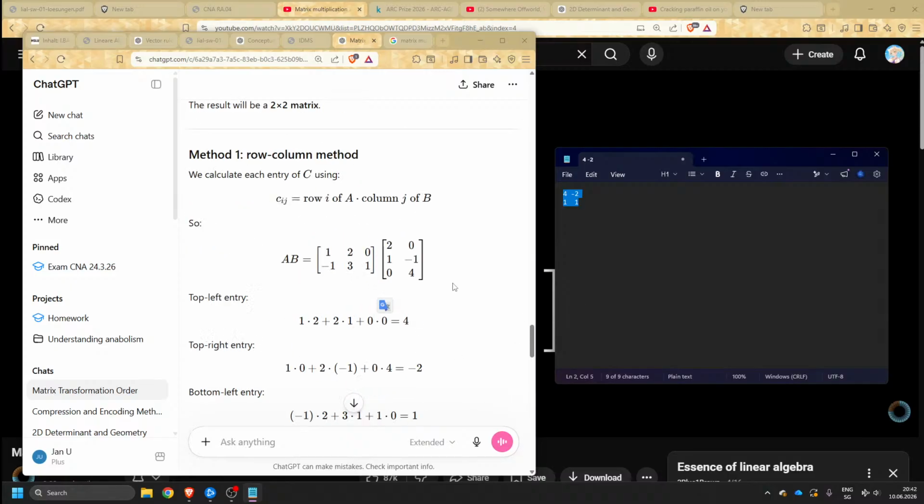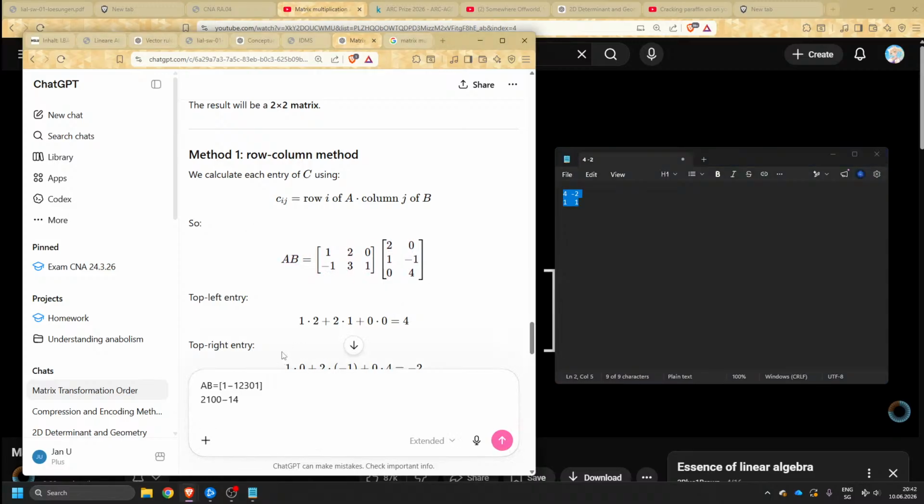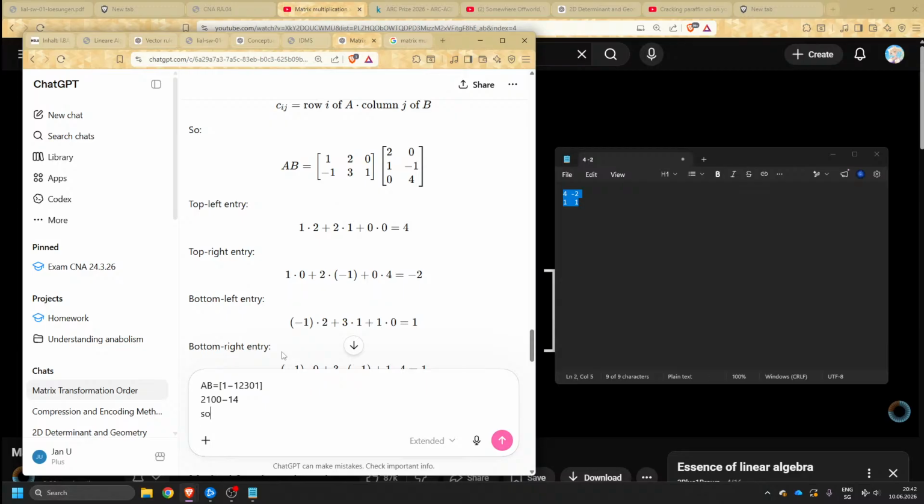Okay, so let me ask about this then now. About this one. The first is how do you say, row... but then it wouldn't work anymore.